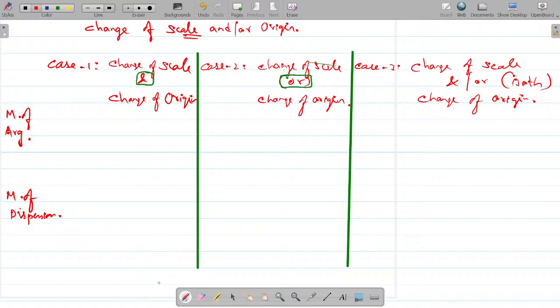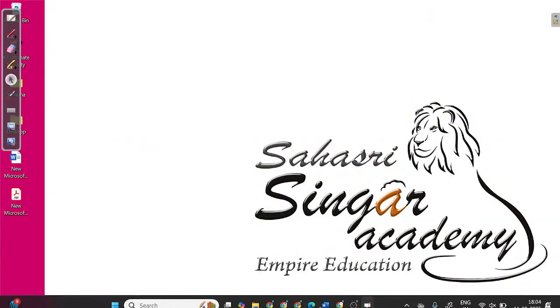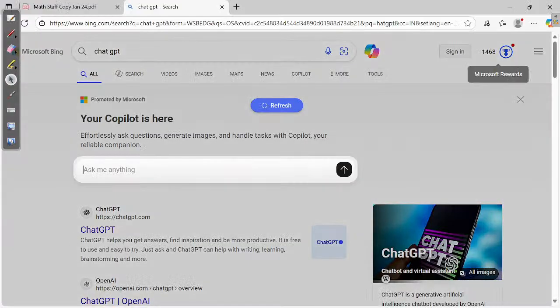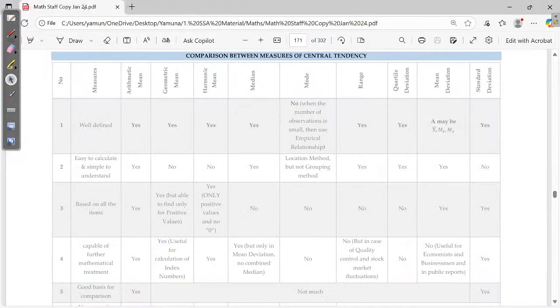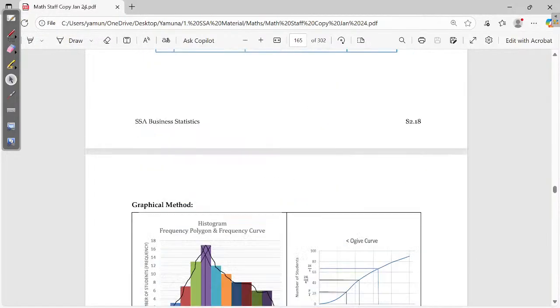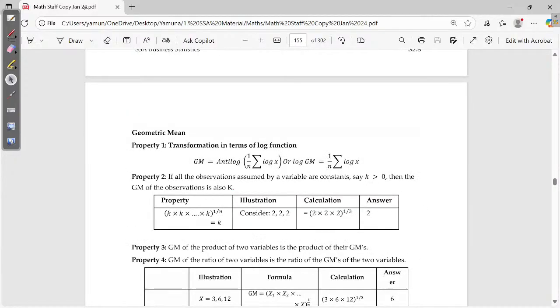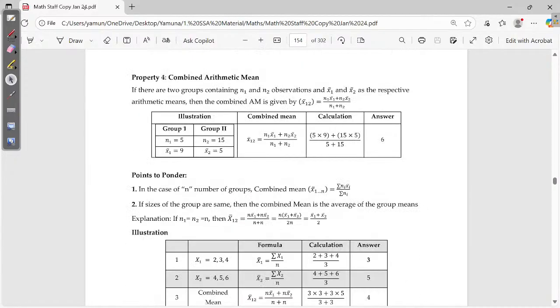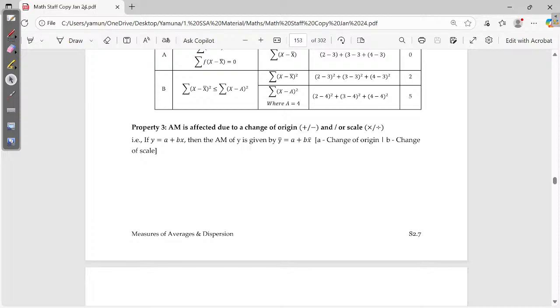Can you refer to the properties and tell me which one will be satisfied and which will not be? Go to page number 2.7. Can you find page 2.7?